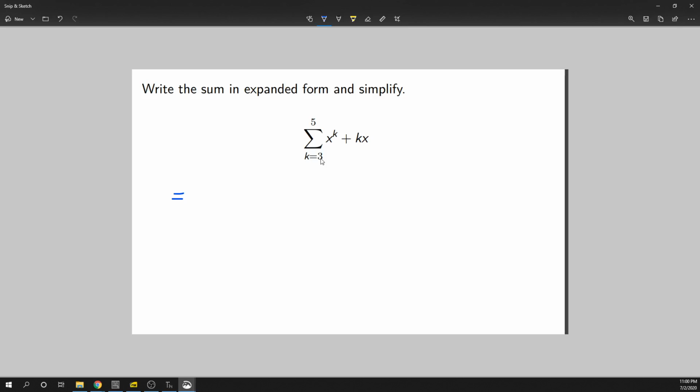So we start at the starting number, which is a 3. We would plug that into the variable k. So we would get x cubed plus 3 times x. Then put a plus. Increase that value to 4. Plug that in. You get x to the 4th plus 4x. Then put a plus, increase the value of the index to 5, plug that in.